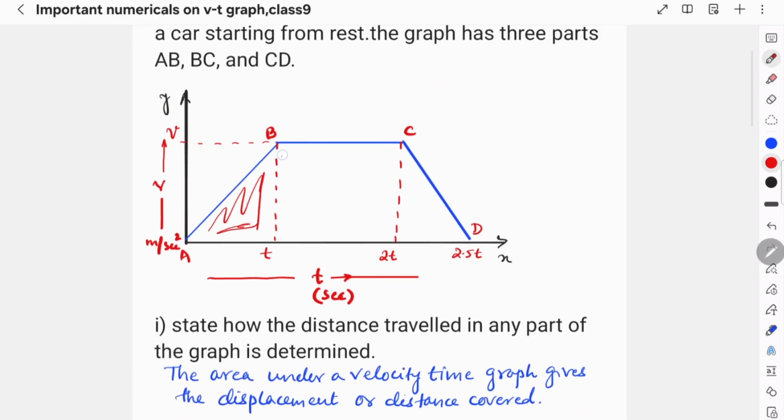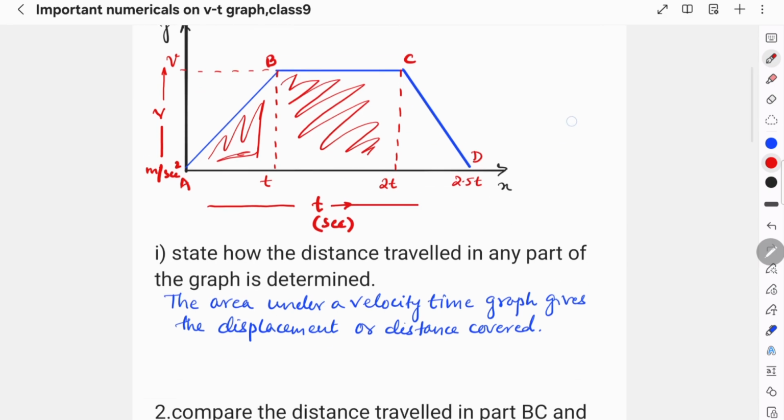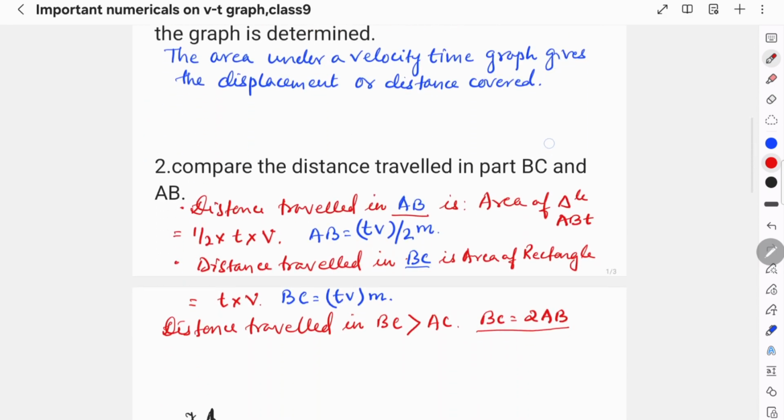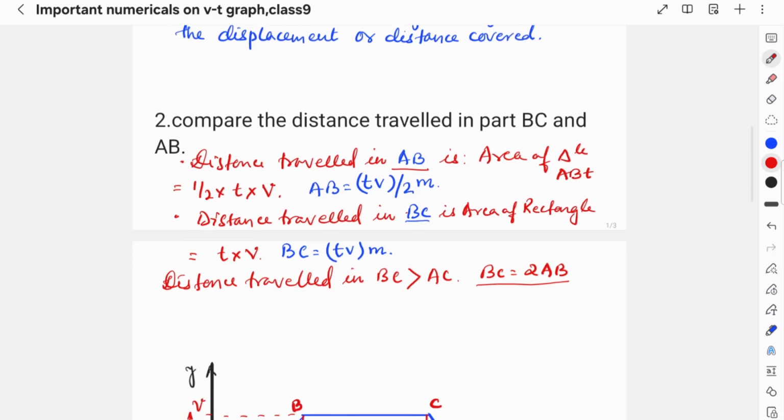Now for the part BC, this area we have to calculate. So this is a rectangle basically formed by T, B, C, 2T. The length is basically 2T minus T, that is T, and the height is again V. So area of the rectangle will be length into breadth, that is T into V, that is TV meters.